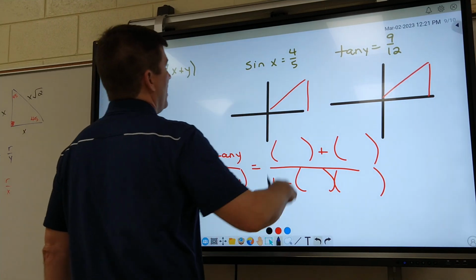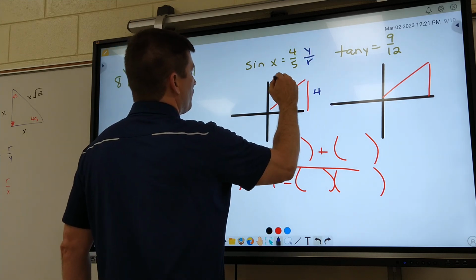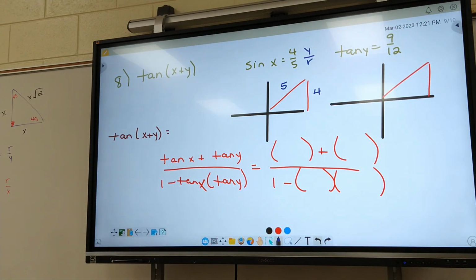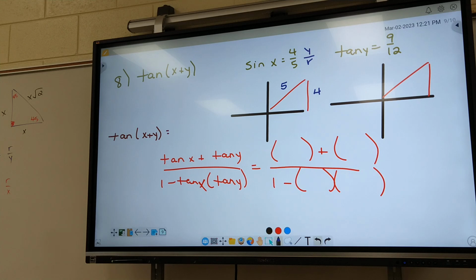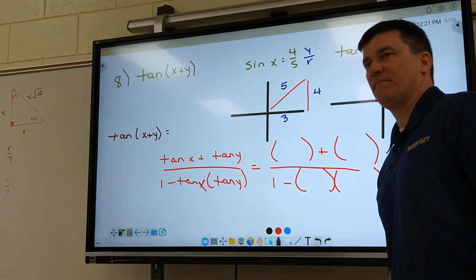All right, so number 8, my sine is y on top over r, so I got 4 over 5. How do we find the missing side? 5 squared minus 4 squared. What'd you get? 9, so the square root of 9 is 3. That one's a 3.